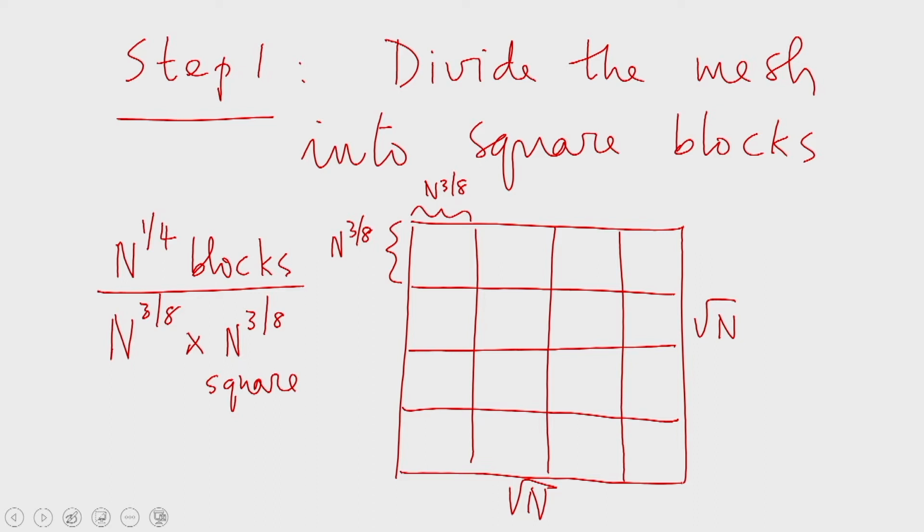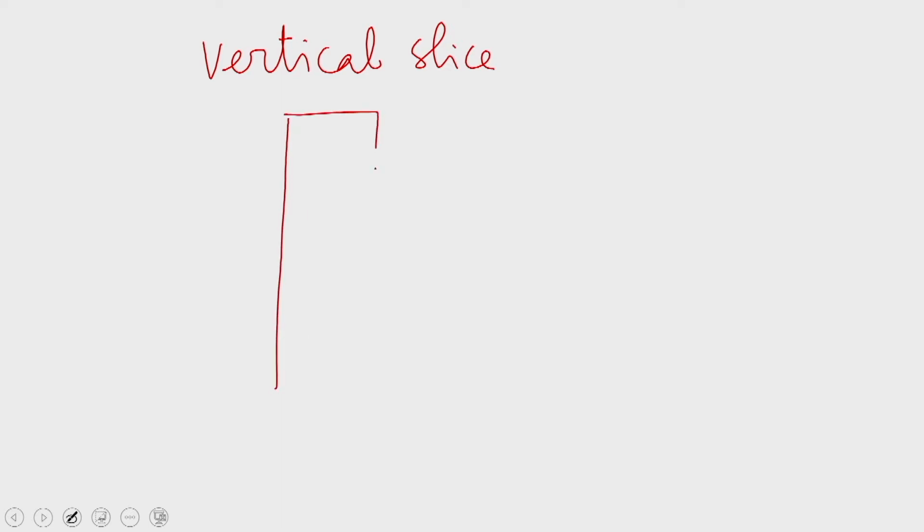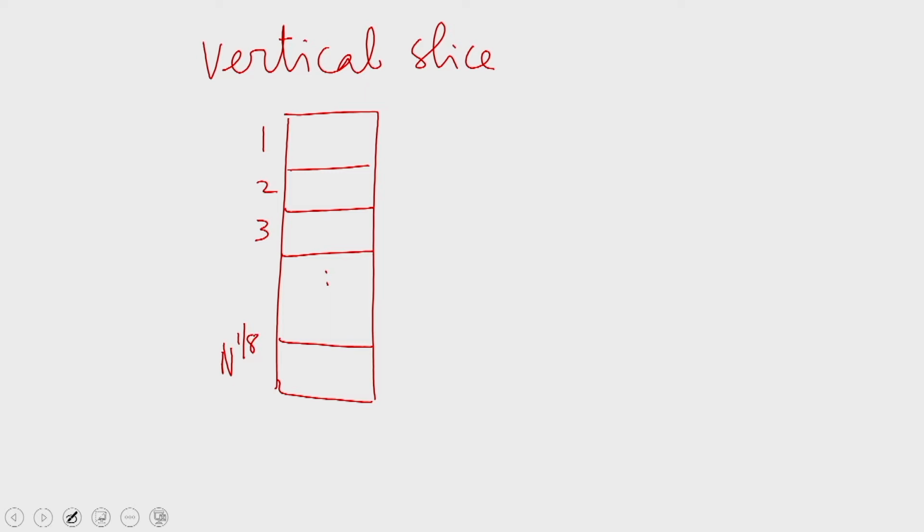Now let me define a couple of terms. I define what is called a vertical slice. Vertical slice is a set of n power 1 by 8 blocks that appear one above the other. A vertical slice is a set of blocks that appear like this.